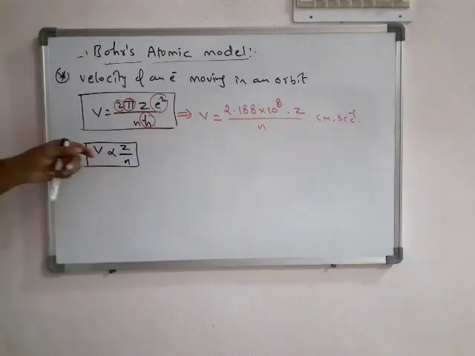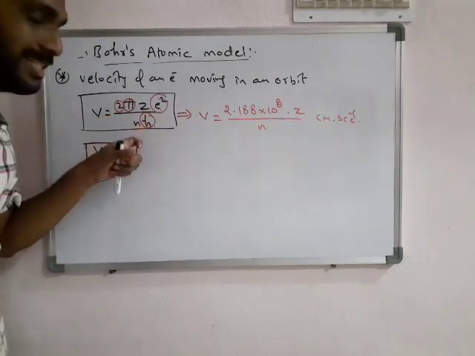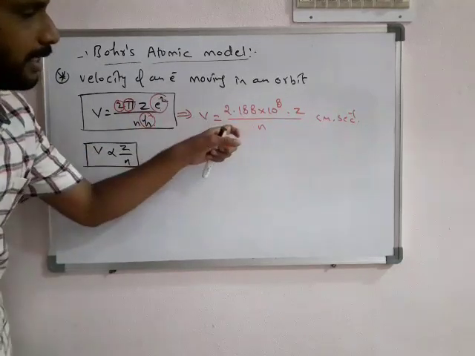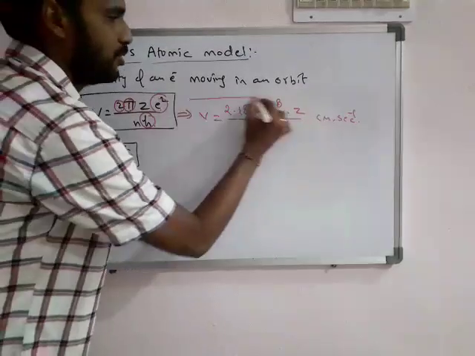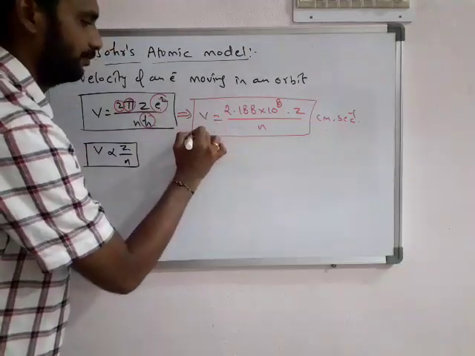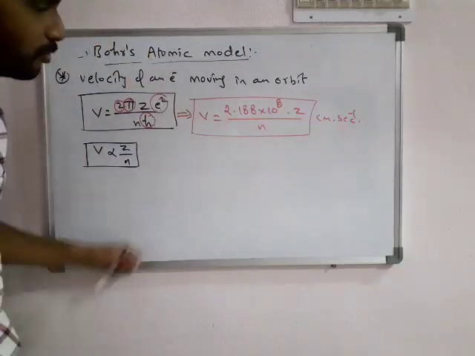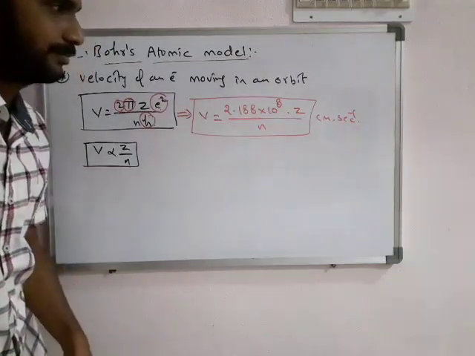We are using the units in the CGS system, that's why we got the final value in centimeter per second. So this is the main expression to calculate the velocity of an electron present in an orbit.